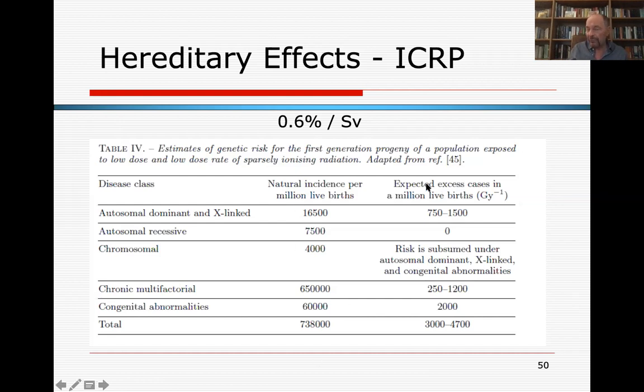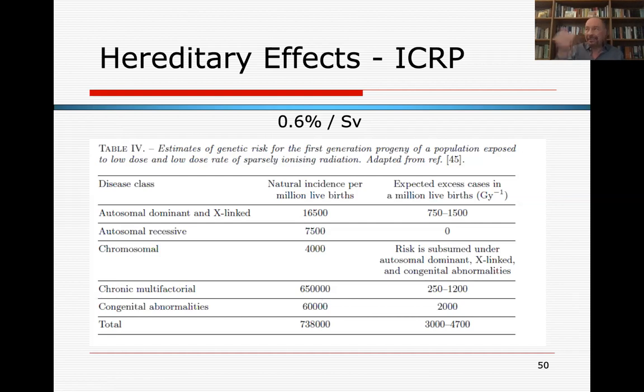You see, this would be the expected excess cases in 1 million live births per gray for different categories like autosomal dominant and X-linked, autosomal recessive, chromosomal, and others. Chronic multifactorial, you see the background here of chronic multifactorial is huge. This is quite clear because chronic multifactorial diseases include all kinds of diseases that are kind of transmissible, but multifactorial.